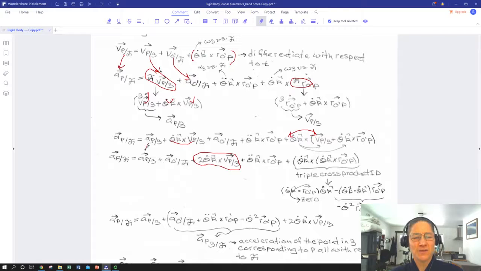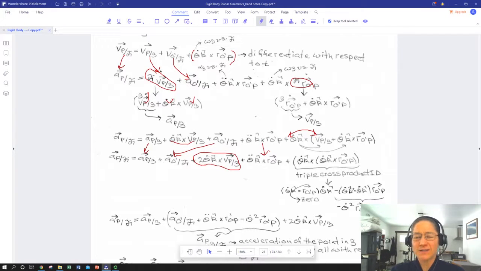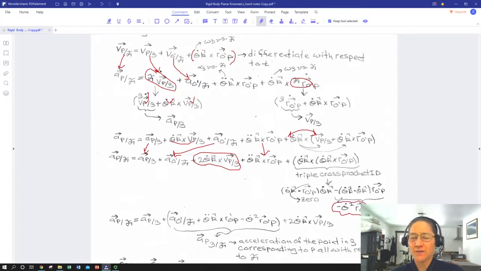The other expressions we're just going to rewrite. They're pretty simple. There's one for one of them here. And then we've got our triple cross product, which if we use our triple cross product vector algebra identity, we can end up getting a negative omega, or angular velocity of reference frame B with respect to reference frame F, squared.